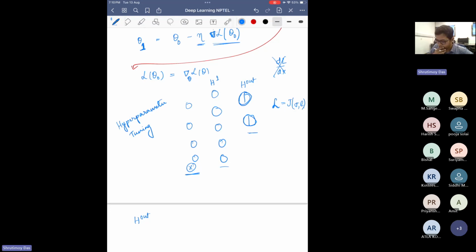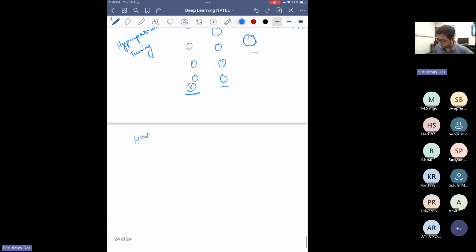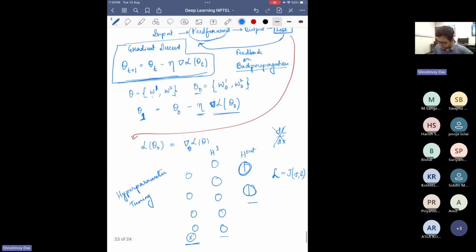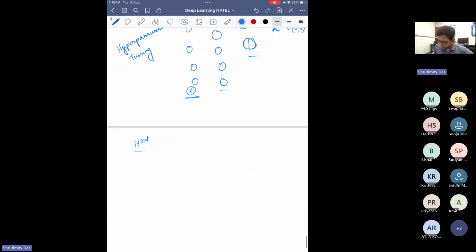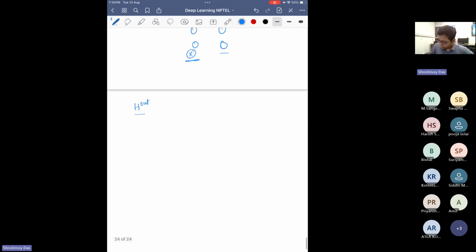Okay, so let me give you an example. We'll come back to back propagation, but suppose I have a neural network, and here I have my x input. We have some hidden layer h1, another hidden layer h2, and some output layer, say h out.